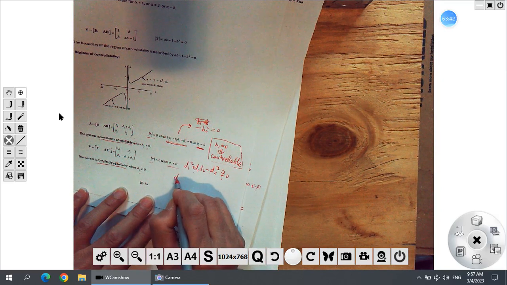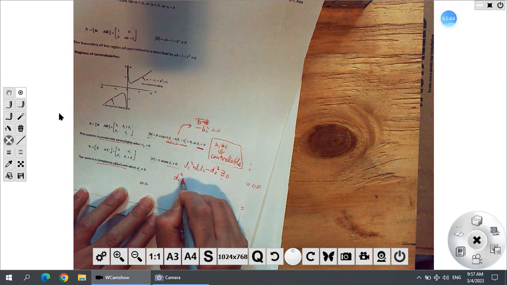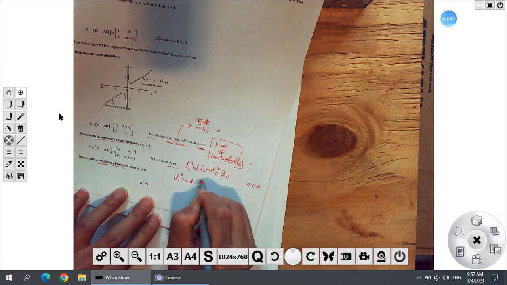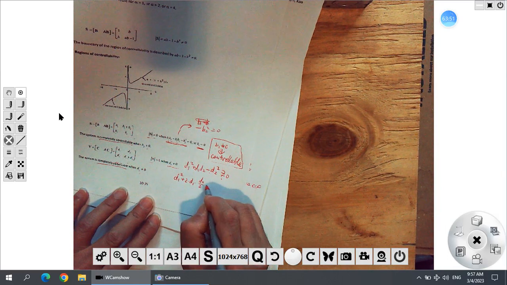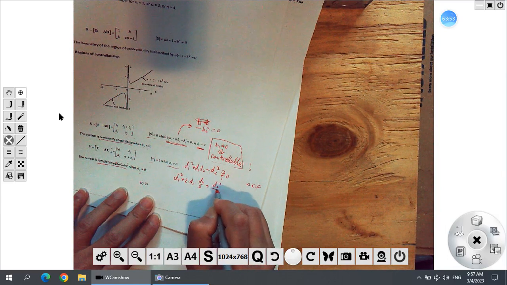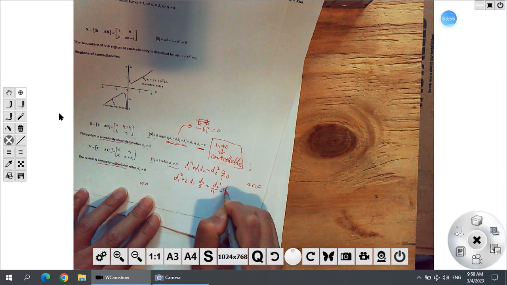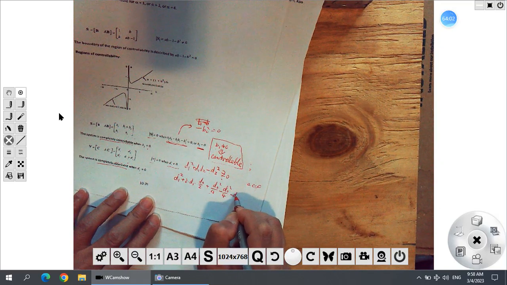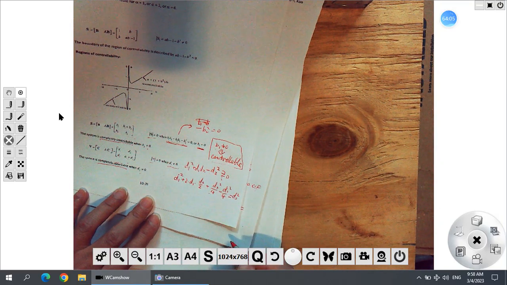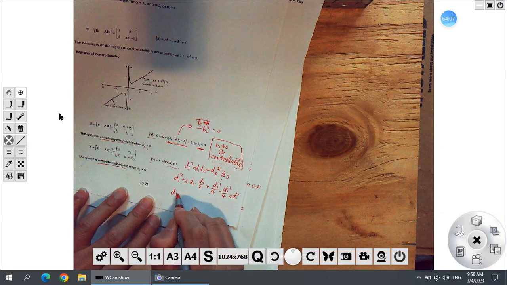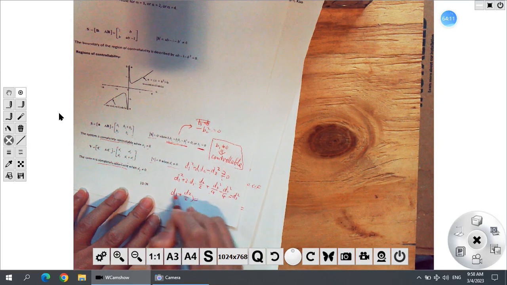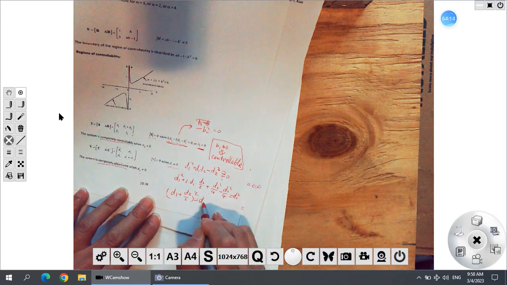Writing this way: D1 squared plus 2 times D1 times D2 over 2, and plus D2 squared over 4, and minus D2 squared over 4. Right? They cancel, and minus D2 squared, so equal to D2 squared. So this is D1 plus D2 over 2, squared, equal to D2 squared.